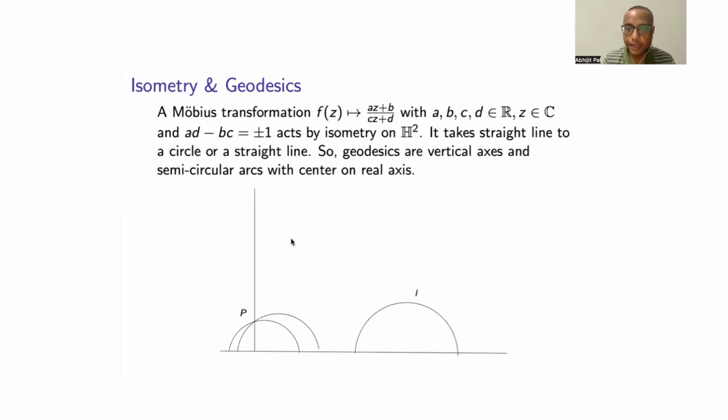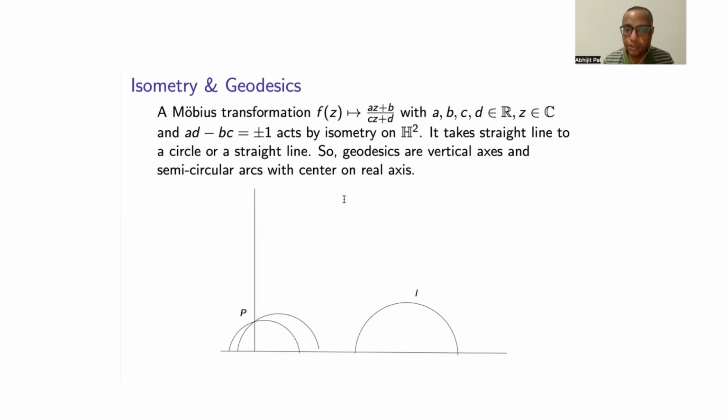And now if I take any Mobius transformation f(z) equal to (az plus b) by (cz plus d), where a, b, c, d are real numbers and ad minus bc equals plus or minus 1, this Mobius transformation acts by isometry on the upper half plane. And the property of Mobius transformations tells you that if you take any circle or a straight line, the Mobius transformation will take it to another circle or straight line.